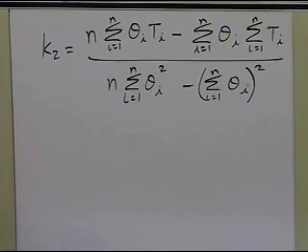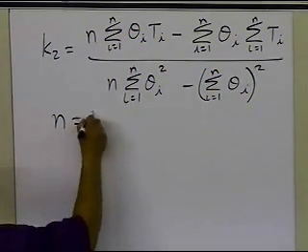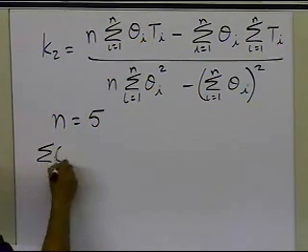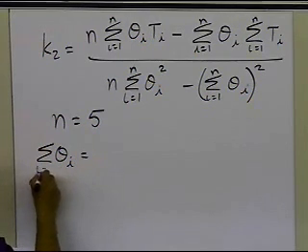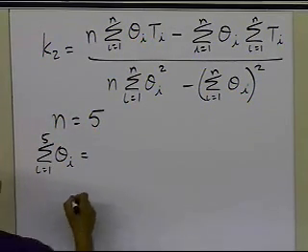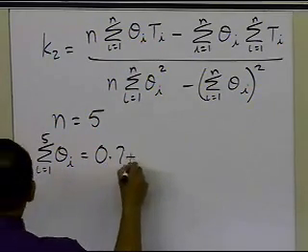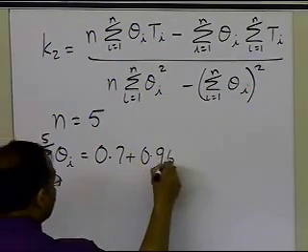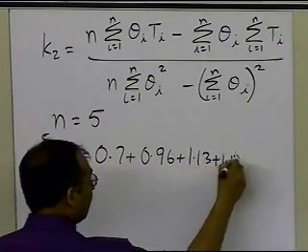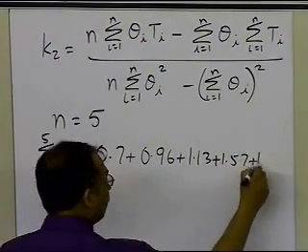So to get the value of K2 from here, we need to find out what these individual summations are. We know that n is equal to 5 because 5 data points are given. Then I add the theta_i's from i equal to 1 to 5. For example, if I add the thetas, I get 0.7 plus 0.96 plus 1.13 plus 1.57 plus 1.92.